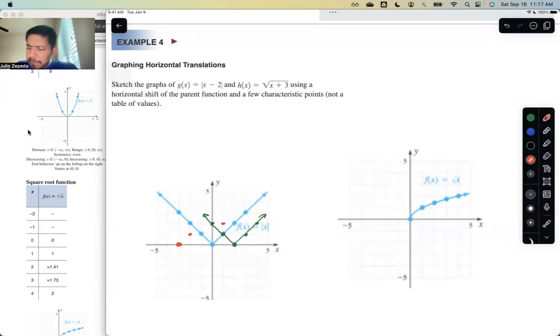And then if I wanted to go up 3, I just go to the right. Up 3 to the right 9. 1, 2, 3, 4, 5, 6, 7, 8, 9. It's a little bit off the page, but not a big deal. Okay. Looks something like that.